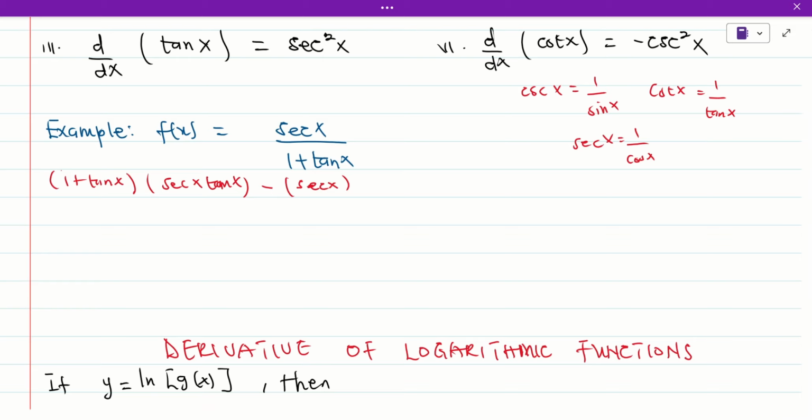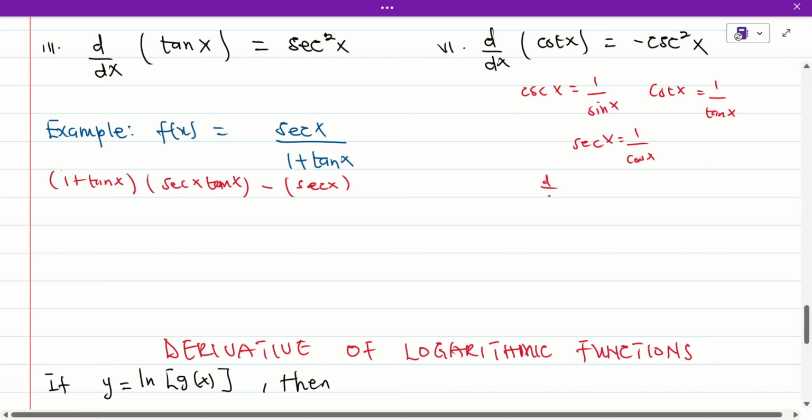Now, we will apply the sum and difference rule here. So when you are differentiating 1 plus tan x, it is the same as d dx of 1 plus d dx of tan x. When you differentiate 1, a constant, you're going to get 0.